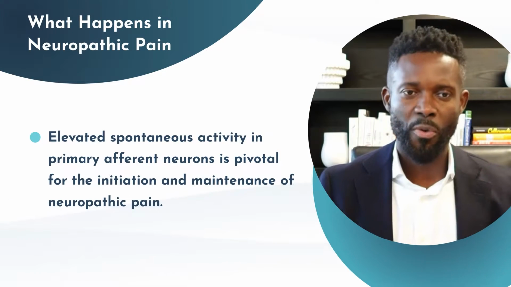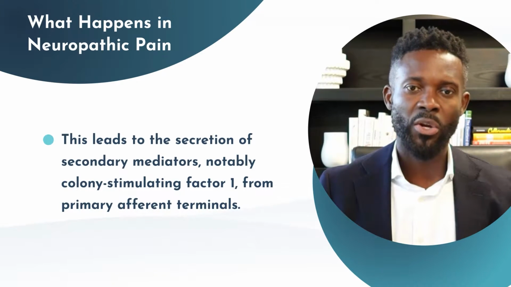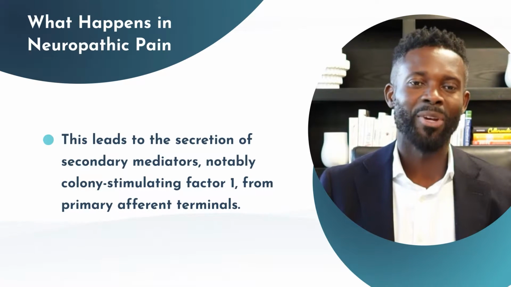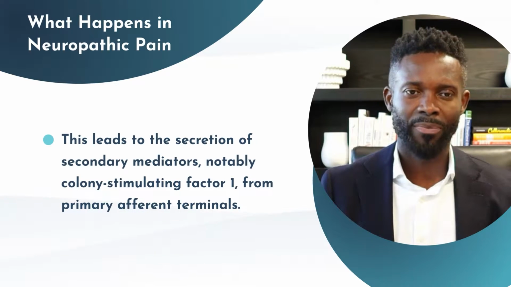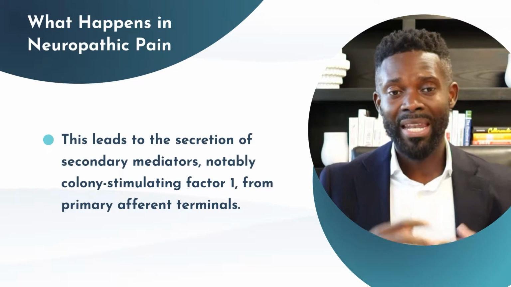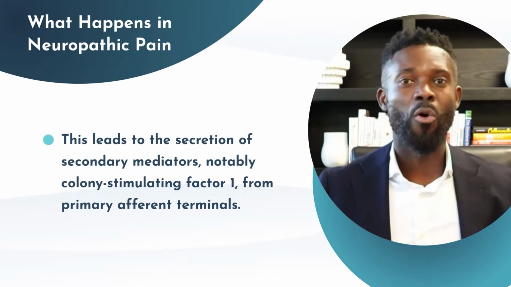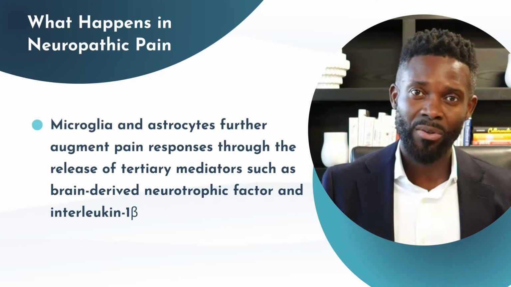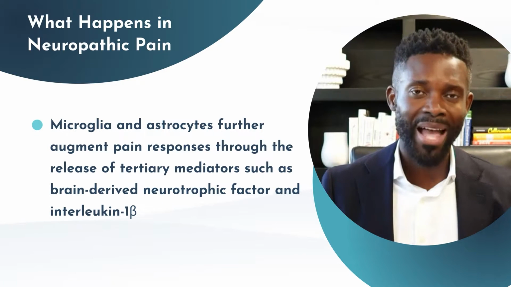This leads to what we call neuropathic pain. And this can lead to secretion of secondary mediators, notably something we call colony stimulating factor 1, in primary afferent terminals. We also know that within the nervous system itself, within the spinal cord as well as in the brain, we have specific cells called microglia and astrocytes, which can also become activated.